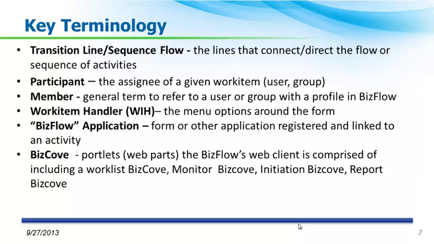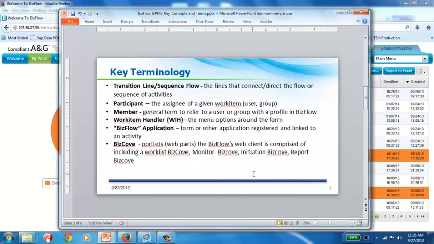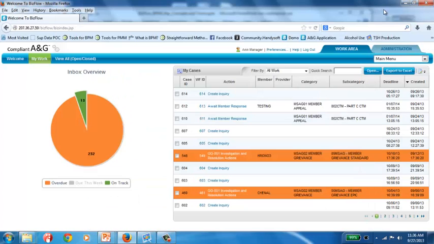The work item handler, or we use the acronym, and you'll see this acronym a lot, WIH, is basically the container that holds or presents the form to the user. So let me spend a moment on this because it is a key concept in BizFlow.